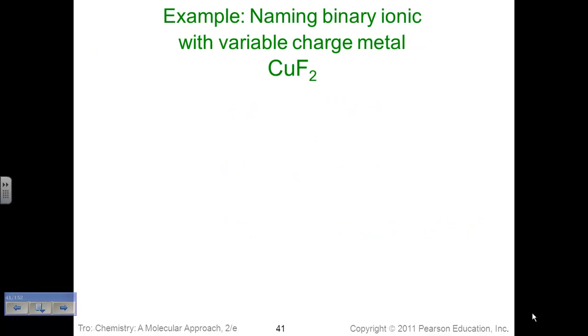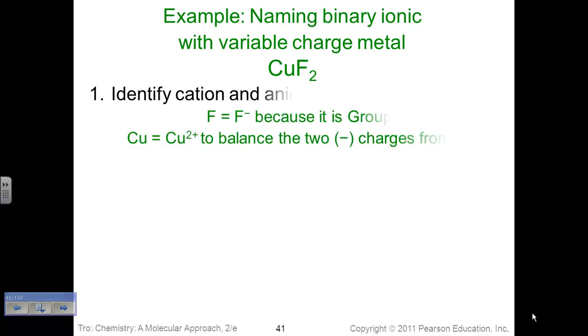Same example idea here, naming binary ionic with variable metal charge. What might the name of CuF2 sound like? Cu stands for the element copper. Fluorine, named as an ion, is fluoride. Go to work finding the charge on the positive ion, and you do so by determining the net negative and working backwards as a detective to determine the total positive per positive ion.